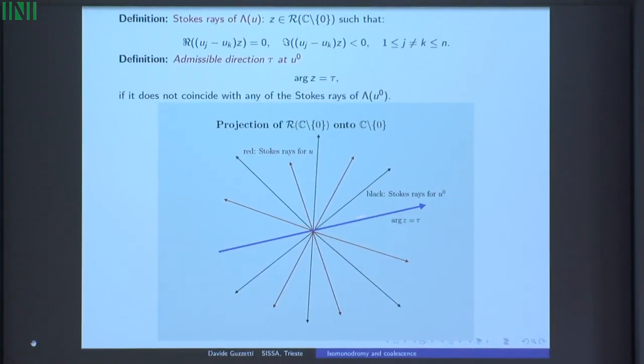Here in blue, I represent an arbitrary line, which has the property that it does not contain the black Stokes rays, namely the rays associated to the center of the polydisk. So I call this an admissible line. This is somehow conventional, but it's necessary if you want to define a Stokes phenomenon.